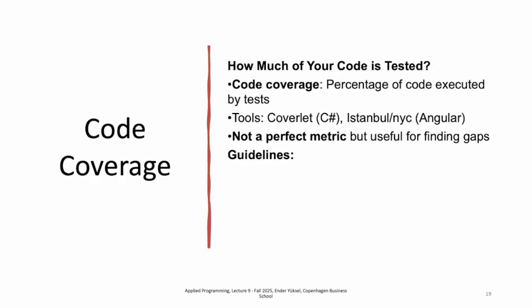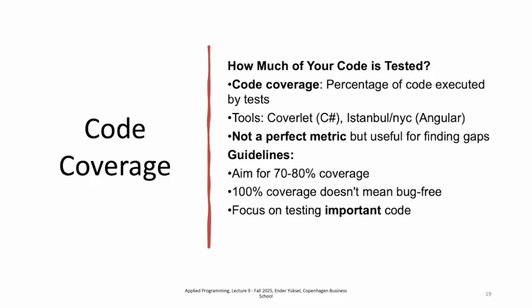For finding gaps, if your coverage report shows that your entire payment processing module is untested, that's a red flag. Add tests. For critical code, for example, payment processing, authentication, data validation, aim for high coverage. For less critical code, lower coverage is acceptable.